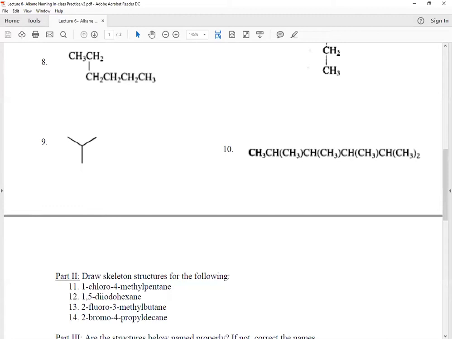Okay, this is another one that we need to kind of expand. So this parentheses here tells me it's on that carbon. This parentheses tells me it's on this carbon. This parentheses tells me it's on this carbon. This parentheses tells me that there are 2 of them on that carbon.